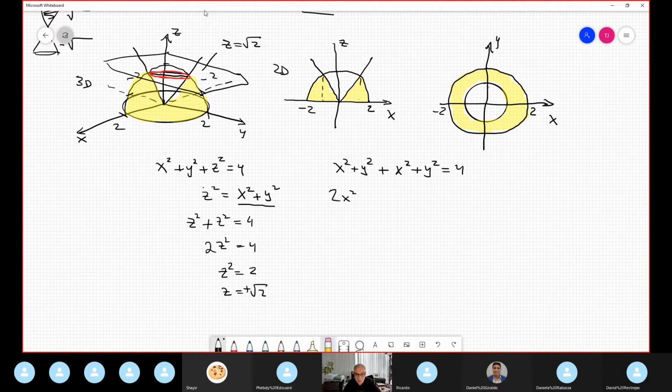We have 2x squared plus 2y squared equal 4, divided by 2 everything, x squared plus y squared equal 2. Entonces you see more clearly that this is a circle with the radius radical 2, from minus radical 2 to radical 2. Entonces, by the way, si z and r are the same, it's because this angle is 45 degrees, pi over 4, no?